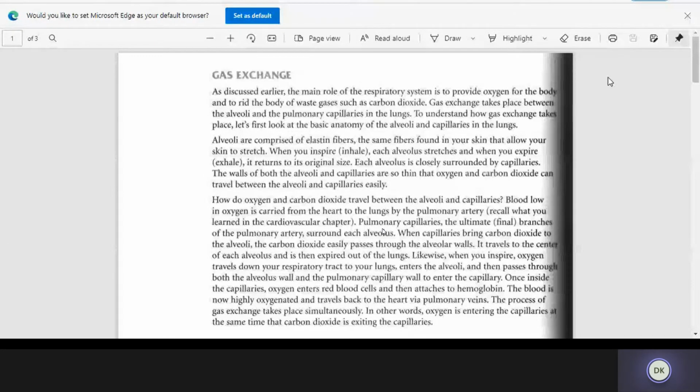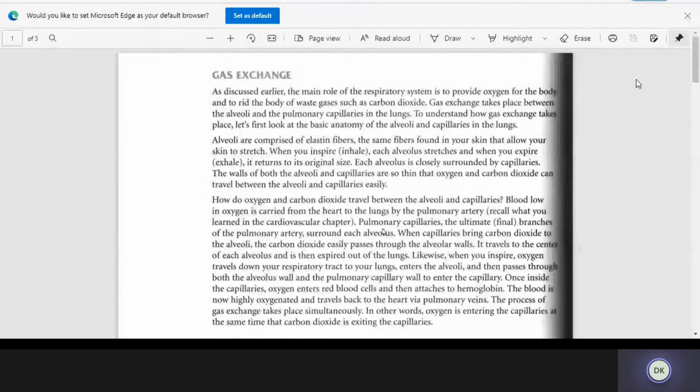Each alveolus is closely surrounded by capillaries. The walls of both the alveoli and capillary are thin so that oxygen and carbon dioxide can travel between the alveoli and capillary easily. Thank you.